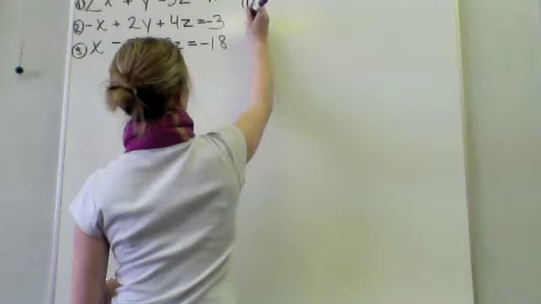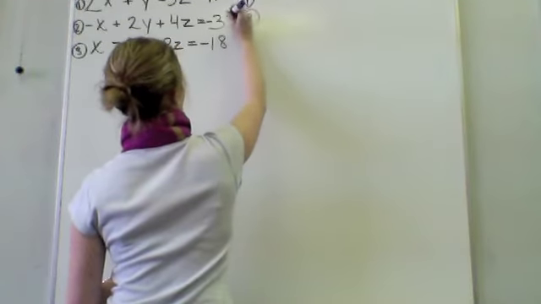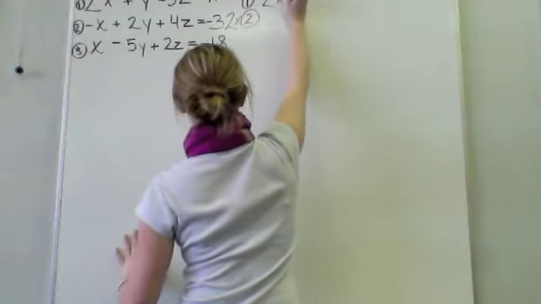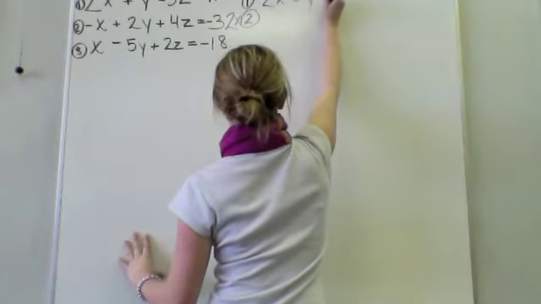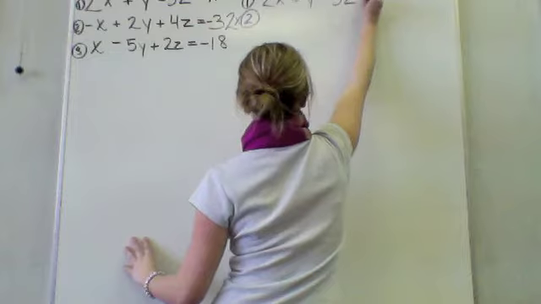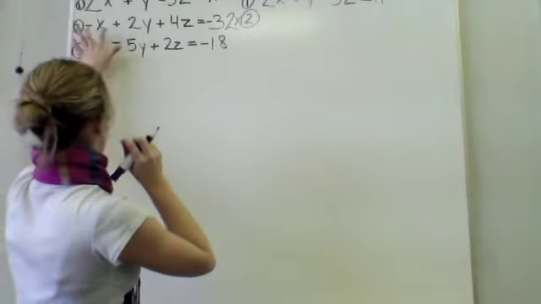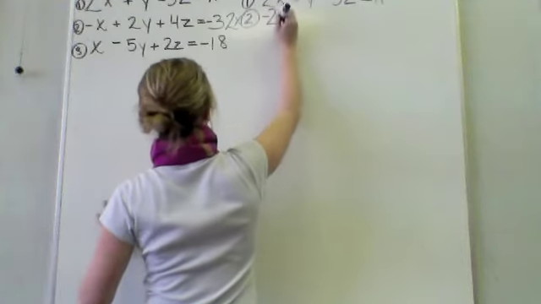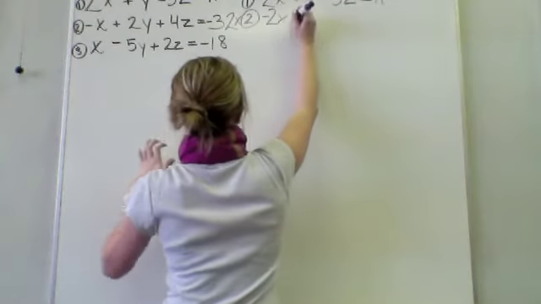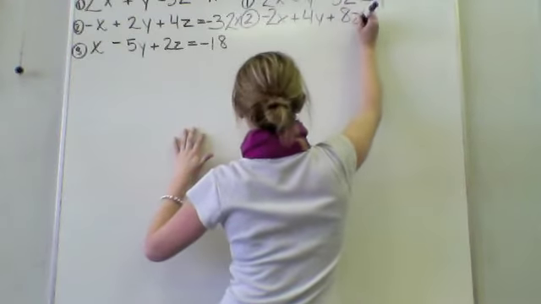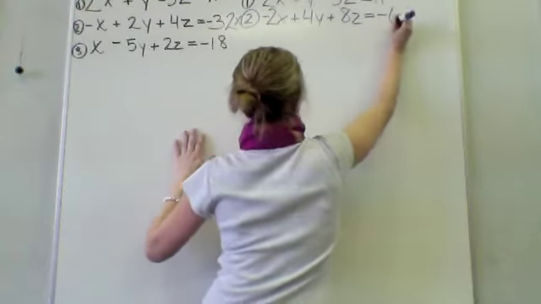So the first equation is staying the same: 2x plus y minus 3z equals 11. And the second one, I'm multiplying everything by 2. So negative x becomes negative 2x, plus 2y becomes plus 4y, plus 4z becomes plus 8z, and negative 3 becomes negative 6.